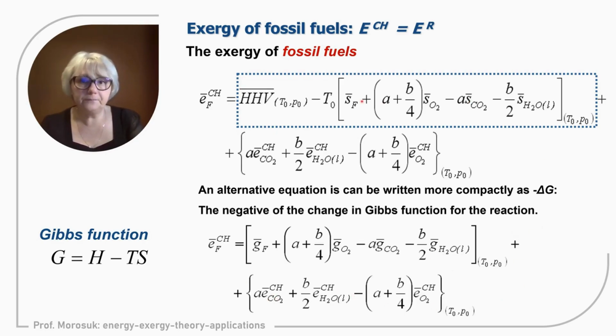of all substances included in the reaction for fossil fuels, or substances that do not exist in the reference environment. And a negative value of the Gibbs function means that it is a spontaneous process. It is the second law of thermodynamics.